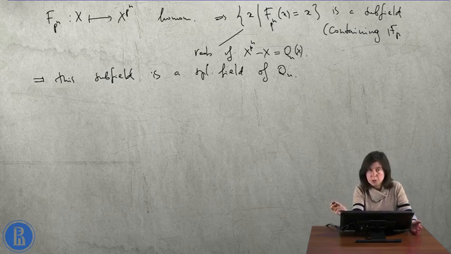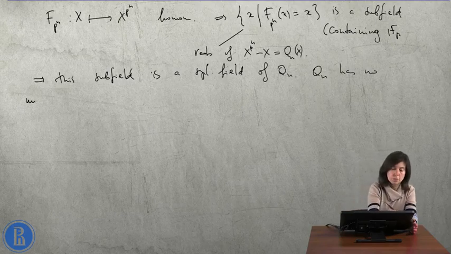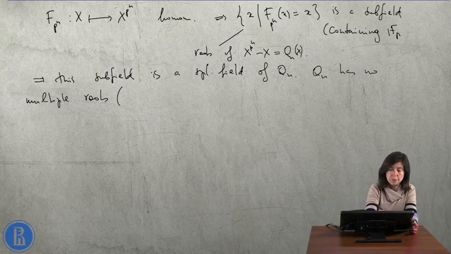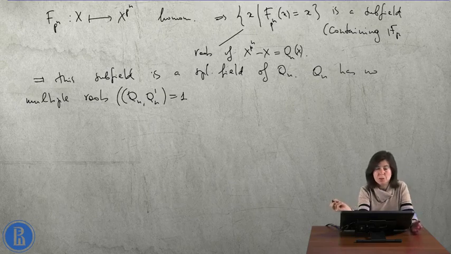And since q_n does not have multiple roots, this can be seen, for instance, by verifying that q_n is relatively prime with its derivative. Indeed, this derivative is just equal to 1.